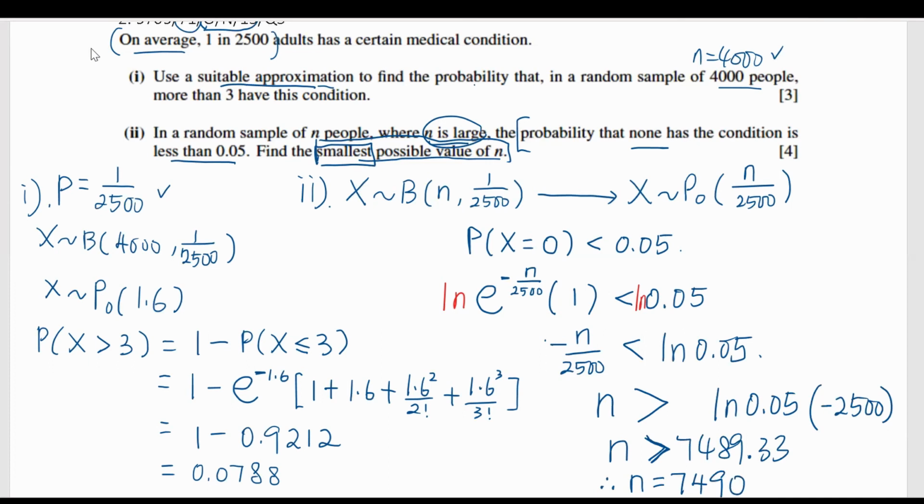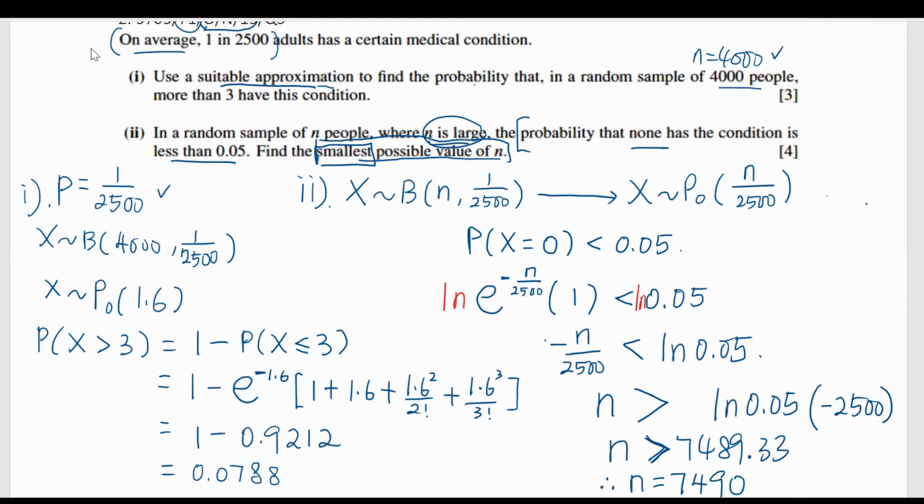It is 7489 point something, so it must be an integer and more than this number, 7490. So that will be the calculations for part 2.